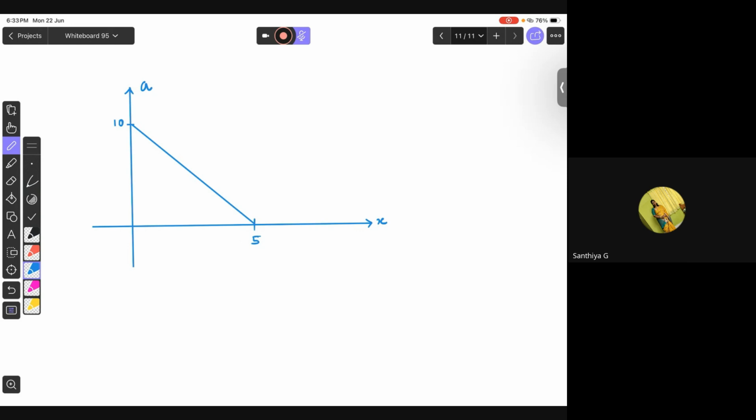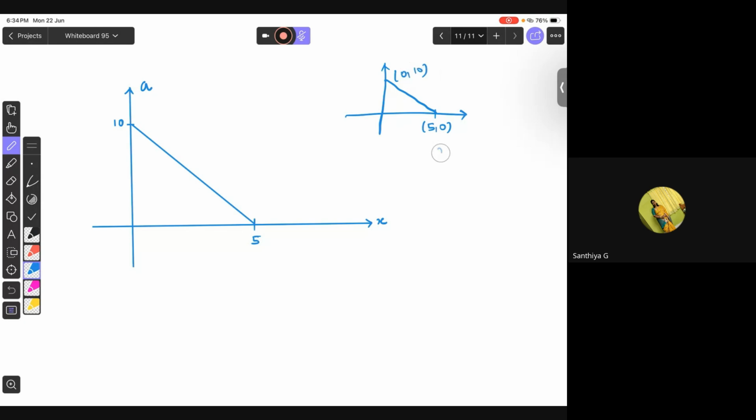I hope you remember that slope intercept form. So if I give you a straight line whose x-intercept and y-intercept I know. How much is the x-intercept this line has got? 5. How much is the y-intercept? 10.